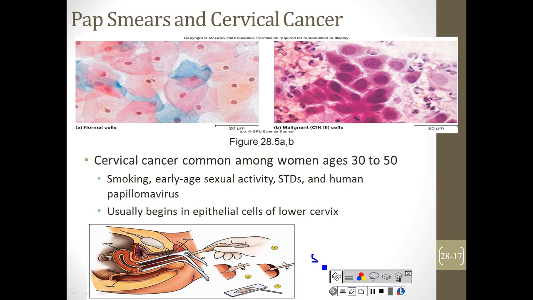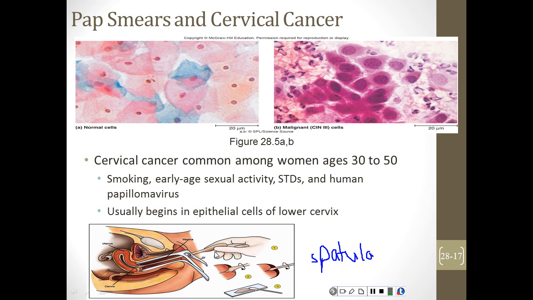It's a spatula, S-P-A-T-U-L-A, a plastic spatula, and then a small little brush that you see there. They'll insert the spatula into the vagina, into that area, and they would open it up so that they can see the cervix.